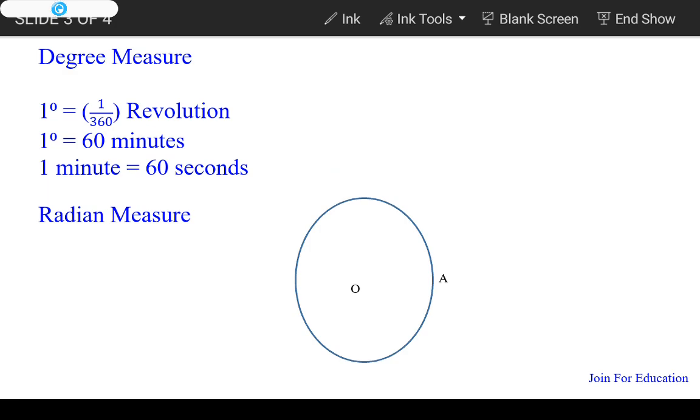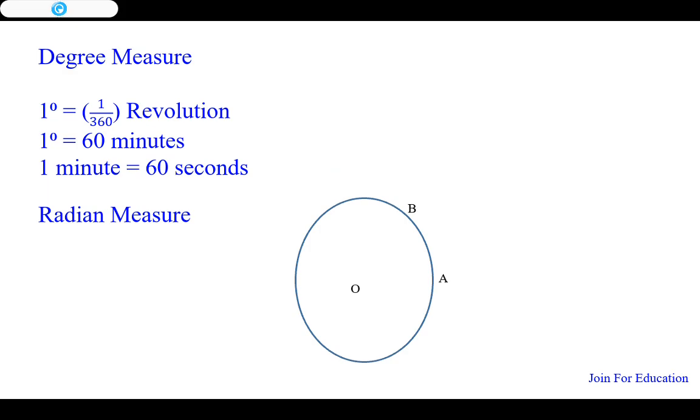A is a point on the circumference, B is another point on the circumference, OA is the radius of the circle, OB is the radius of the circle, OA is R, OB is R, and AB is R. If all of these three are R, then the angle subtended by AB is equal to 1 radian.